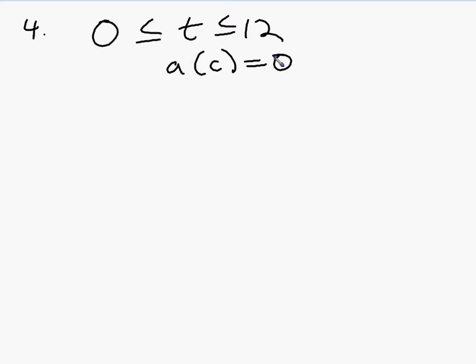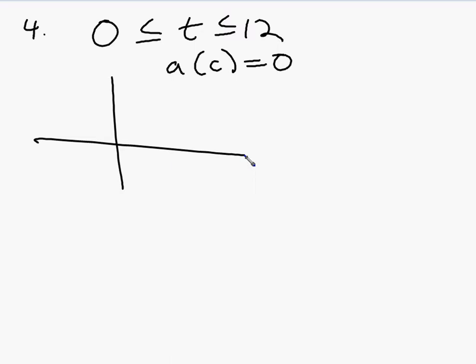If a particle is at rest, then yes, that is correct. But we could also say if the velocity is constant, right? Because remember, acceleration is the derivative of velocity.